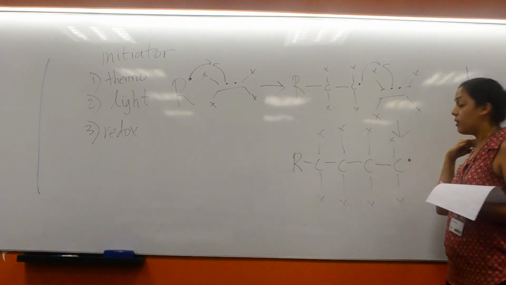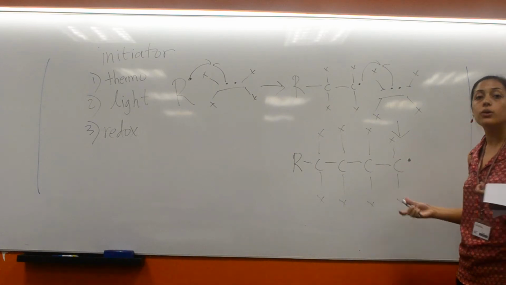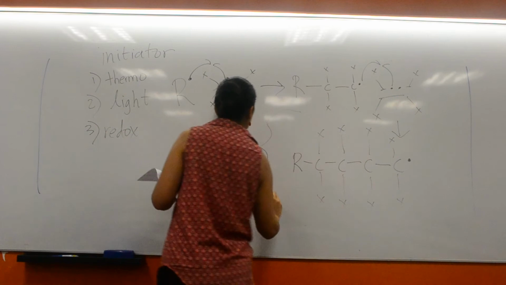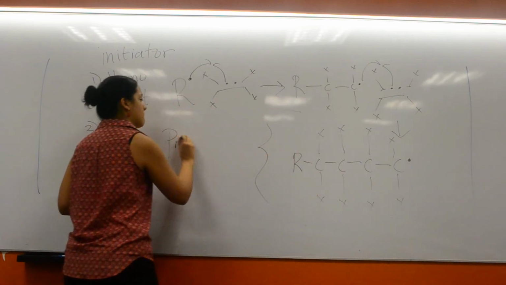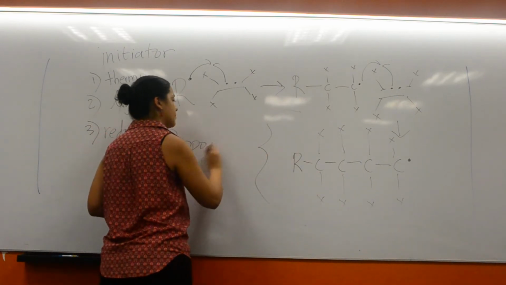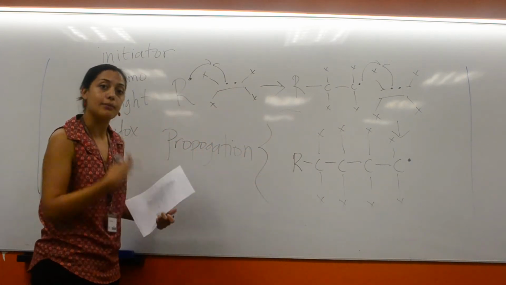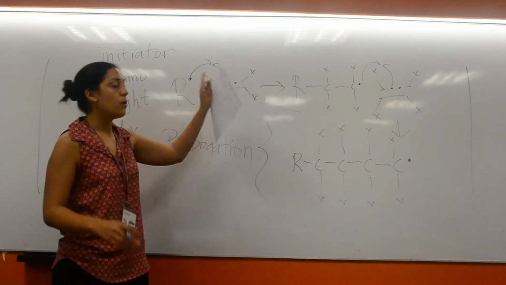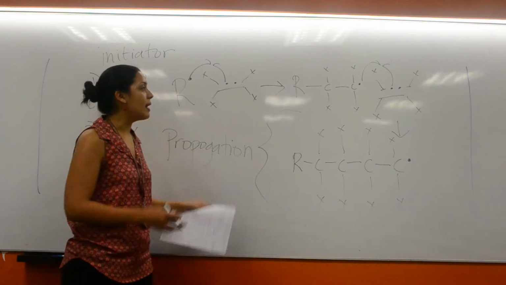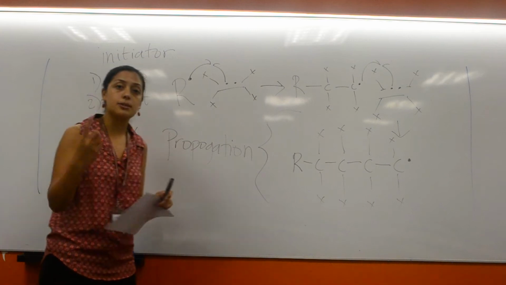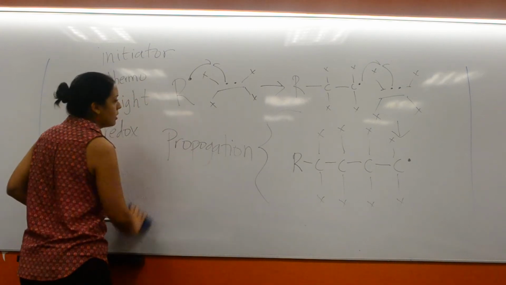It has the radical to continue the chain growth. And this step is called propagation. Right? I'm propagating it. I'm continuing it. And this step can go on indefinitely, however long you want your polymer to be. So those are the 2 steps, initiation, propagation.